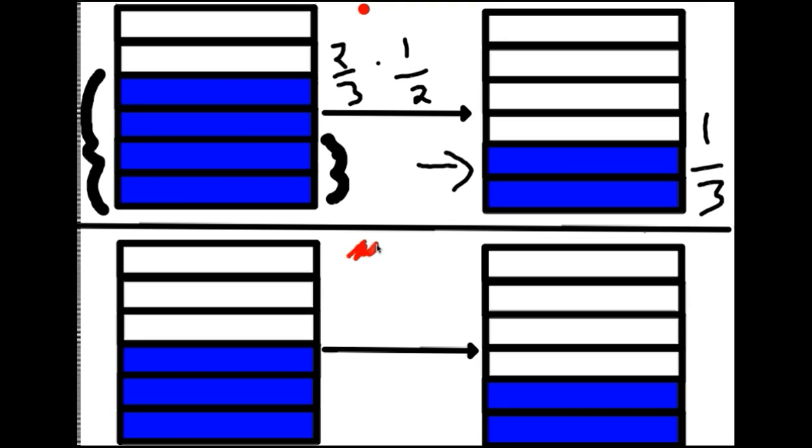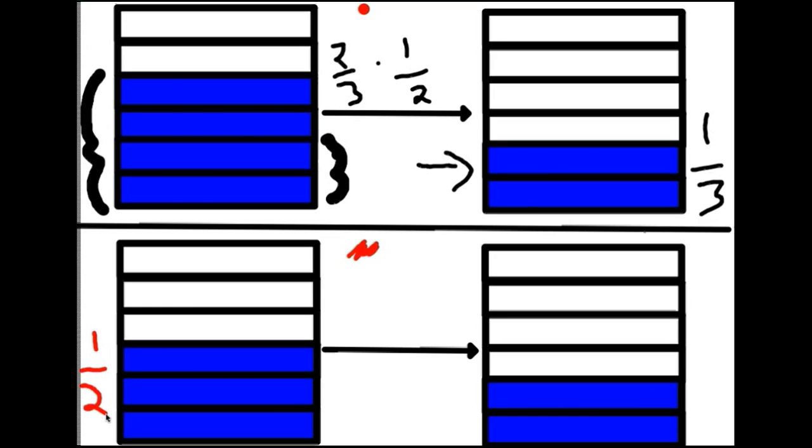Okay, let's go ahead and look at the bottom scenario. So here we're looking down here now. For this particular first cup, we'll actually start out with a half. I'll go ahead and label that here on the left. So 3 parts to 6 parts. We have 3 parts water and the rest is empty. So we have half of a cup, right? And what we're going to do is take 2/3 of that.